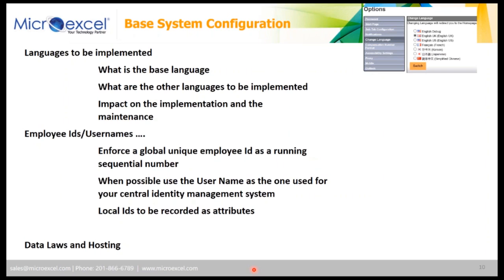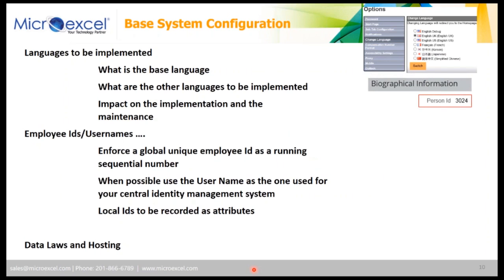From the base configuration as well, as we are moving into what we call a global system, there is something we have to really enforce for successful implementations. Some customers ask us to have logic in their global IDs and unique IDs. Oh, if he's in this country, I want this ID, if he's in this other one, etc. From our experience, the only way to go is really to enforce a global unique employee ID, and just have it as a running number, a sequential number.